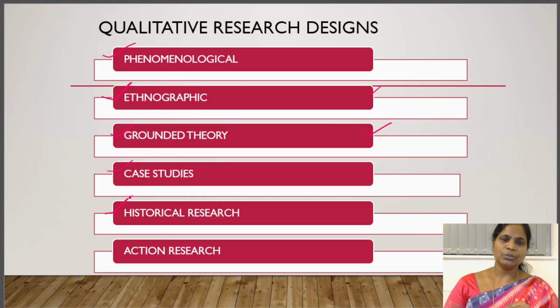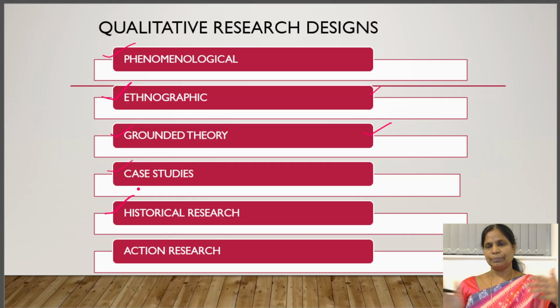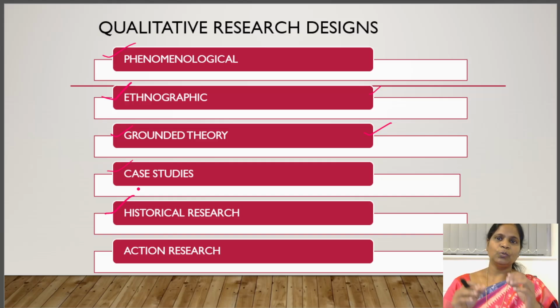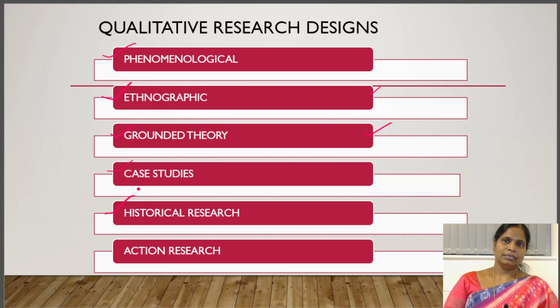Coming to historical research study, it's all about the past. When we use this historical research design, for example, you want to do a research study on how the Nursing Midwifery Council in Andhra Pradesh was established. So you go back to the history: how it started, when it started, where it started. All these aspects will come, like when, where, how, what.